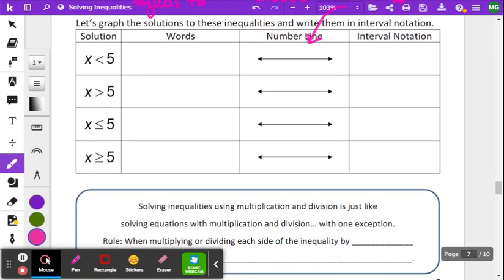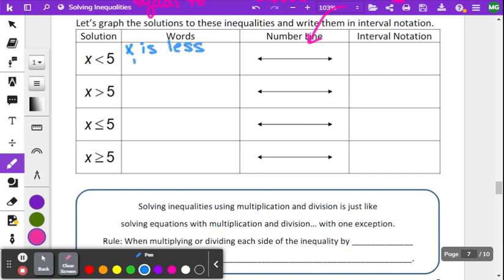So the first example I have for you, we have to write everything in words and then graph it on the number line and then put it into interval notation. So in words, we would say x is less than 5. If this is our number line and we had a 5 right here, if it's a less than symbol, we have to show 5 is not included.